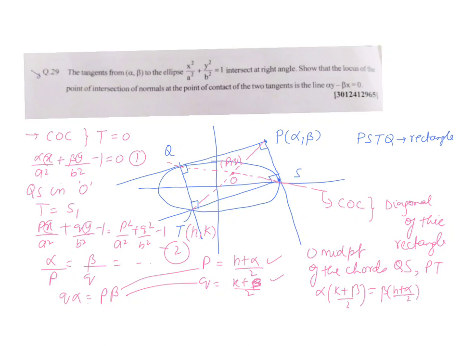If we just simplify, we will get k times alpha equals to beta times h. So if we replace the current coordinates h comma k by the generalized coordinates, we would have beta x minus alpha y equals to 0. This is what we had to prove in this problem.